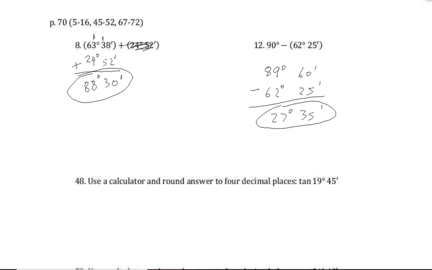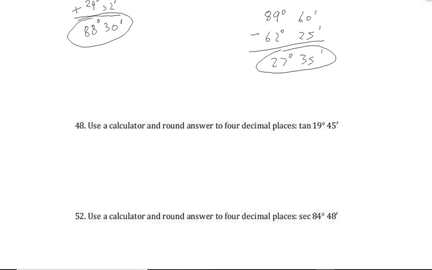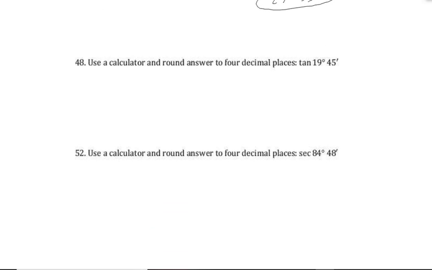Now for 48 and 52, they ask us to use a calculator to find tangent and secant in these problems. Well, that's okay. We got buttons in the calculator to do it. The problem is there's not a way to type in minutes. So we have to convert the minutes back to degrees. So first, to do that, I'm going to take the 45 minutes and multiply that by 1 over 60, because a minute is 1/60th of a degree.